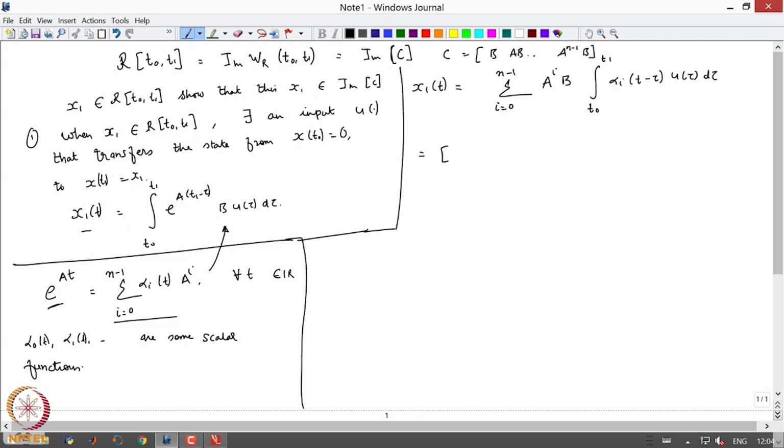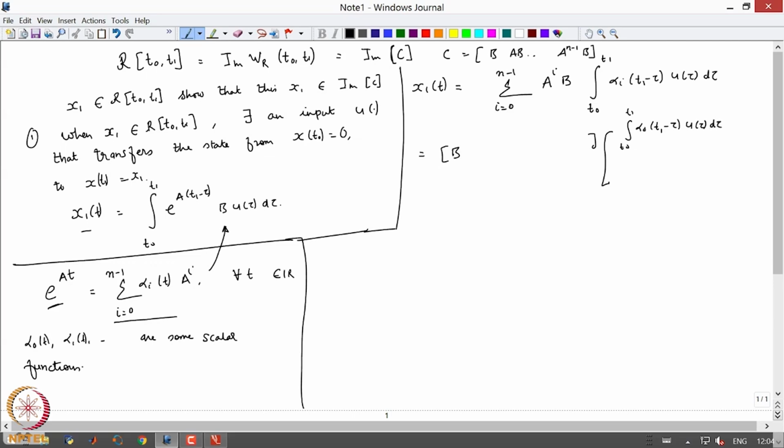How will this look for i equal to 0? I will have b here, multiplied by the integral from t naught to t 1 of alpha naught (t 1 minus tau) u(tau) d tau.